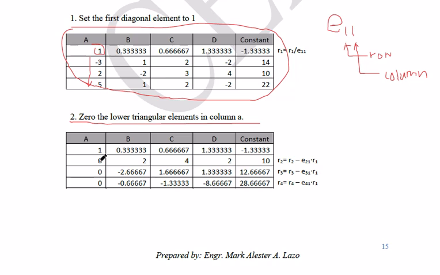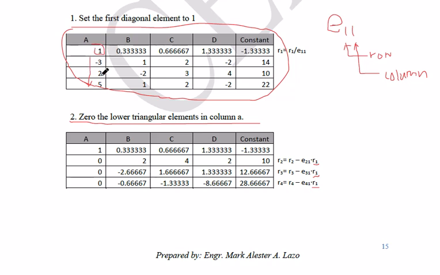So you will be doing the same for the elements in R3 and R4. So take note that here we are still multiplying in or to the values of row 1. So here we have 2 minus elements in the third row first column times R1.